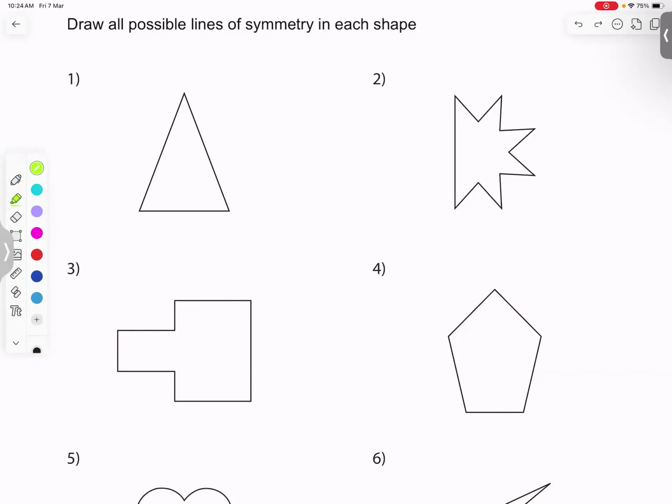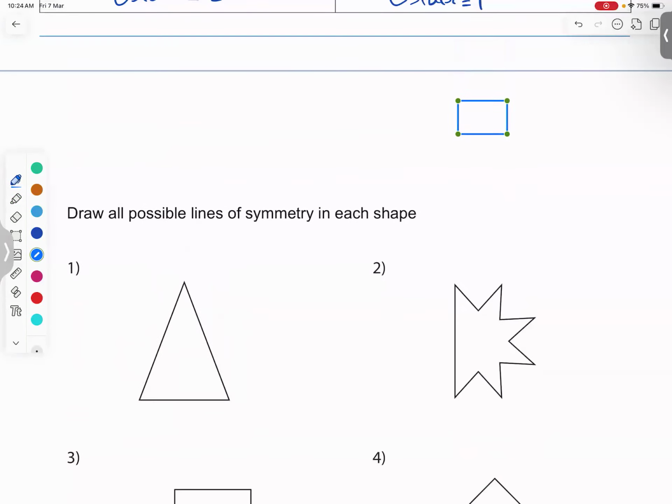Now we want to draw all possible lines of symmetry in each shape. A line of symmetry is a line which can divide the shape into equal parts. For example, I am drawing a square.